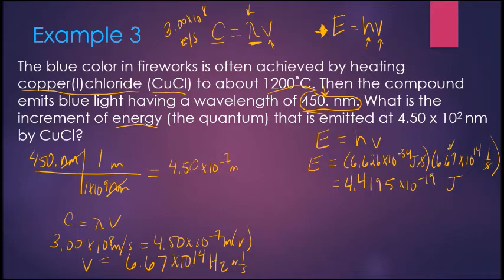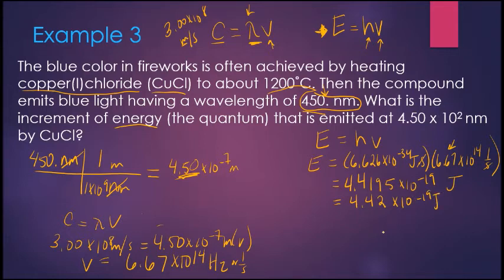Now we're going to base it off of our measured value because we calculated that from our wavelength over here. The constants like speed of light and Planck's constant, we do not use those to determine significant figures because they are constant values. They are not measured values. So here we go. We're going to do 4.42 times 10 to the negative 19 joules.